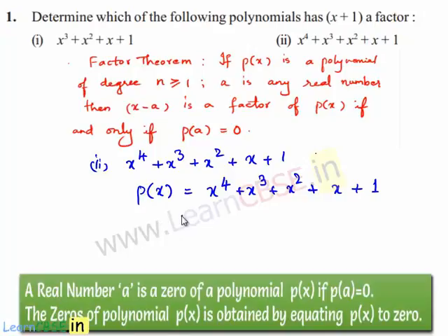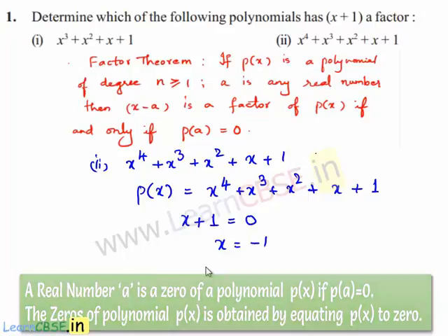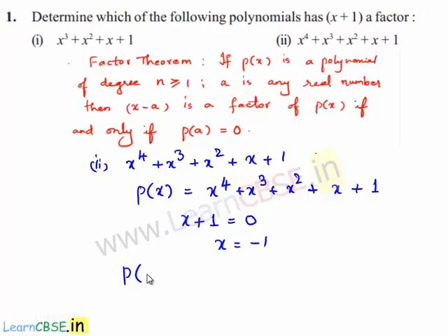And the 0 of the polynomial, we have obtained already by x plus 1 is equal to 0 and x is equal to minus 1. So let us substitute x is equal to minus 1. That is p of minus 1 is equal to minus 1 power 4 plus minus 1 whole cube plus minus 1 whole square plus minus 1 plus 1.